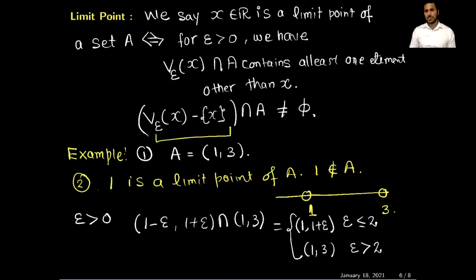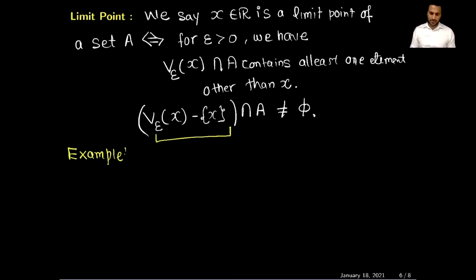Both contain at least one element which is not equal to 1. Therefore, this intersection is non-empty and it contains an element other than just 1. So 1 is a limit point. Similarly, you can prove that 3 is also a limit point of this set.